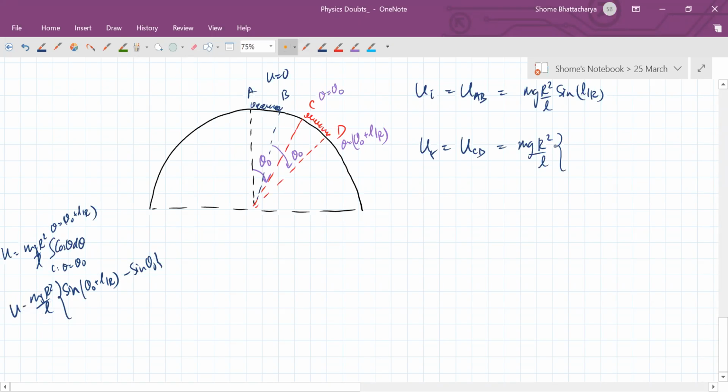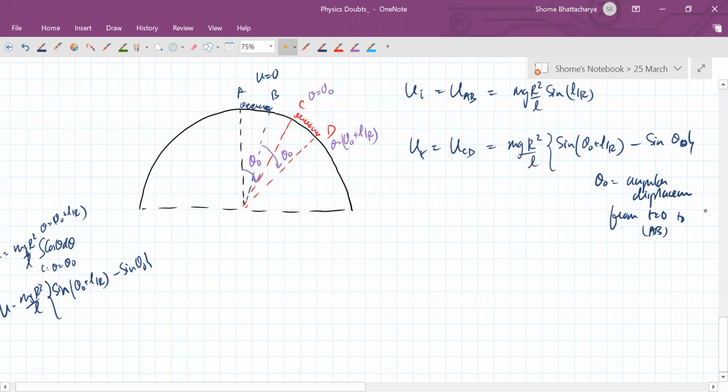So this is your potential energy. This term will be the angular displacement plus L by R minus angular displacement, where theta naught is the angular displacement from t equal to 0 when it is at AB to t equal to t when it is at position CD.